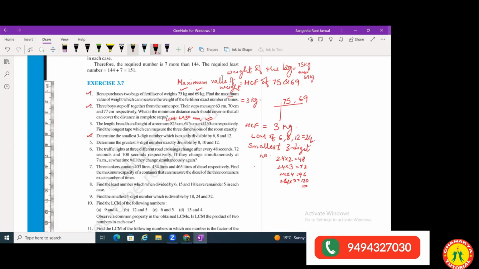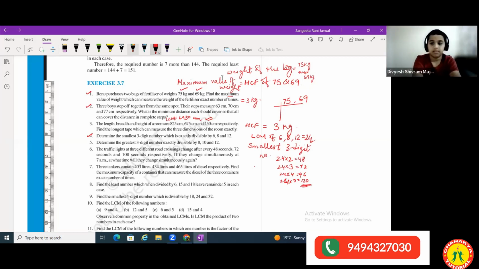By trying, wherever I get the smallest 3-digit number in the multiples of 24, the least number I'm getting as a multiple of 24 is 120. Okay? You understand, children? Yes, ma'am.